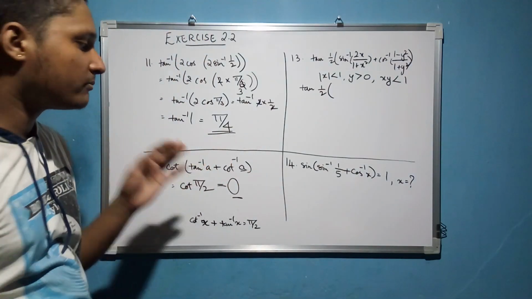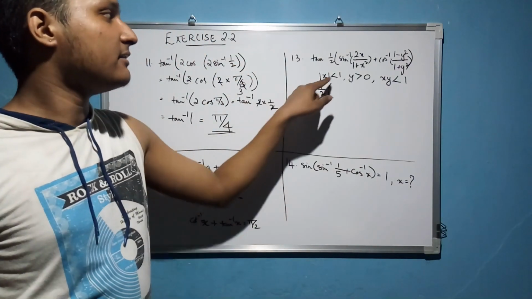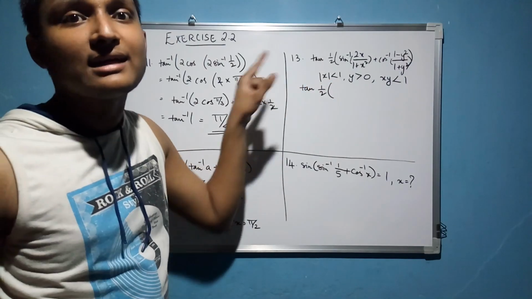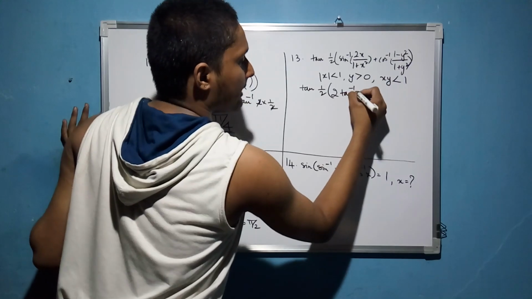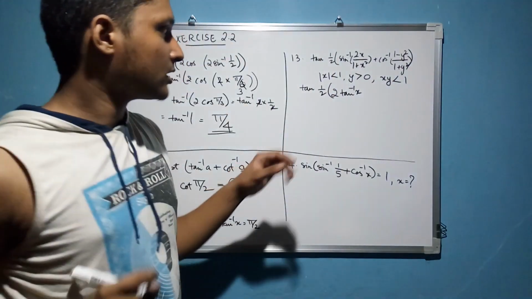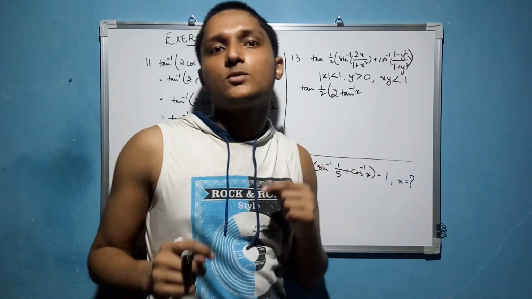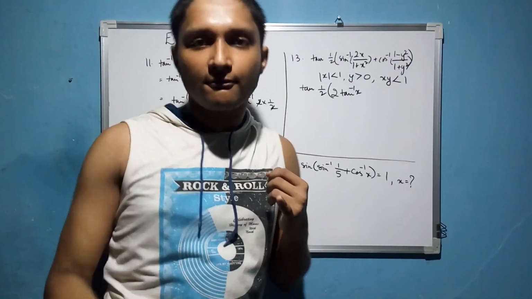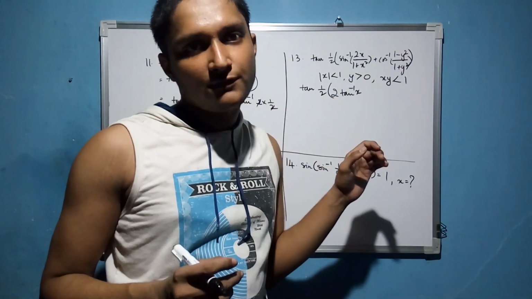So we know the form sin inverse 2x by 1 plus x square. When modulus of x is less than 1, it comes to be 2 tan inverse x. Now you have this one, cos inverse of 1 minus y square divided by 1 plus y square comes to be 2 tan inverse y when y is greater than 0. That is the condition given over there.